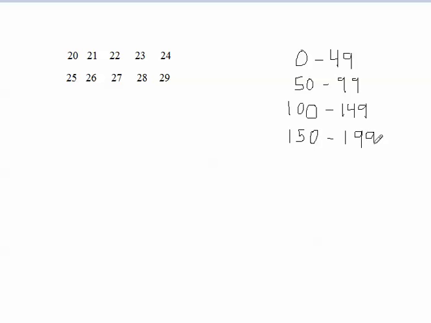In this table, we have a class width of 50 because each of these four class intervals covers 50 numbers, because there's 50 numbers between 0 and 49. There's 50 numbers in here between 50 and 99. There's also 50 numbers in here and 50 numbers in here. So we would say class width is 50.